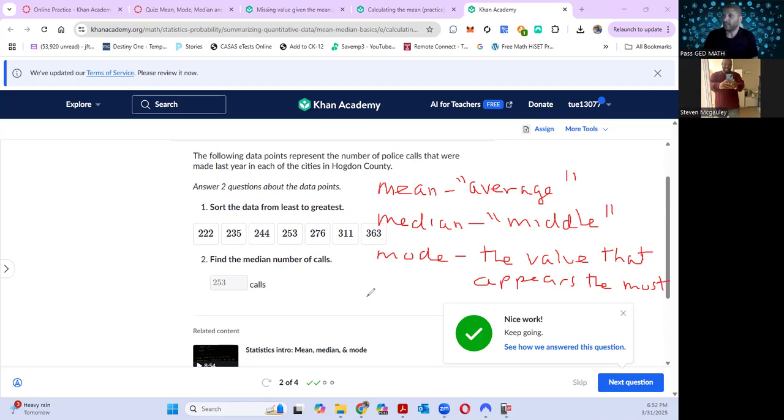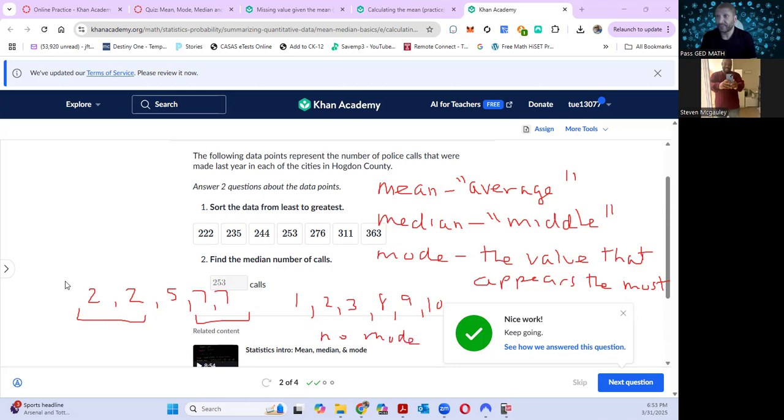For example, if I had the numbers 2, 2, 5, 7, and 7, the mode is 2 and 7, because 2 appears twice and 7 appears twice. If I had 1, 2, 3, 8, 9, 10, no number appears more than once, so this is no mode.